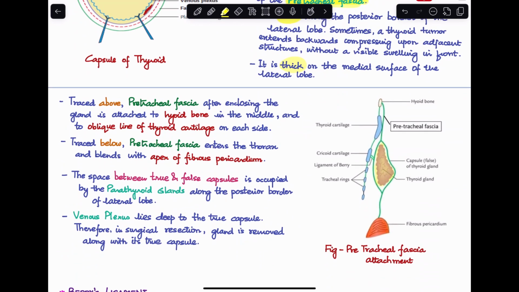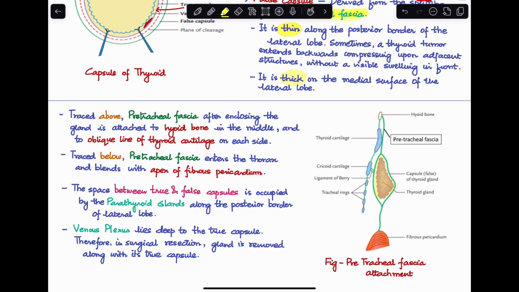So if we trace the pretracheal fascia which is forming the false capsule, what will we find? In the image over here, this is the thyroid gland, and the green thing that you see is the false capsule which is formed by the pretracheal fascia. If we trace it upwards, we see it gets attached first to the hyoid bone in the middle.